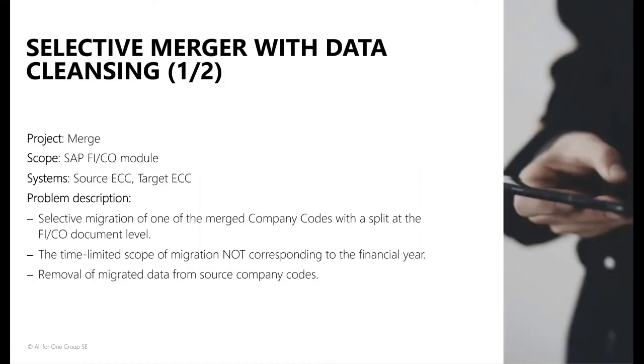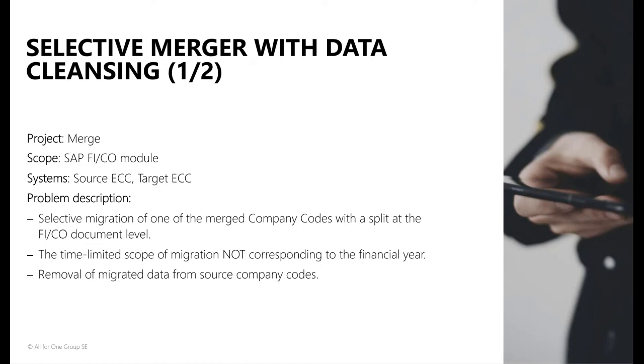Selective merger. I think this is the most difficult part of the project we can execute with the clients. I was mentioning already that we are migrating the data to not an empty system. And here is an example we were doing with the ECC scenario. So source and target was ECC system. And we were doing here the scope of the finance and controlling, and we were doing the merge.